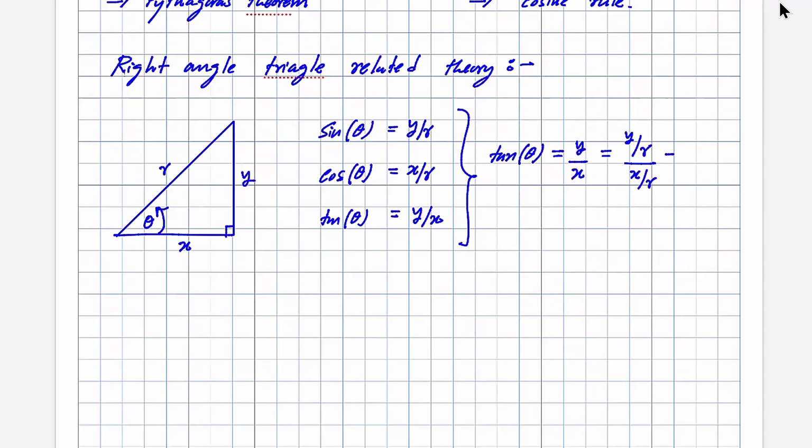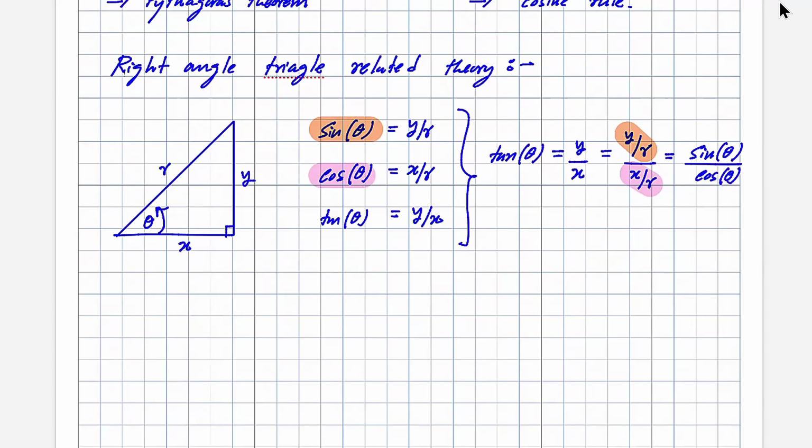So now you will understand y divided by r is sine theta. And you will see x divided by r is cos theta. So you can write this one as sine theta divided by cos theta.